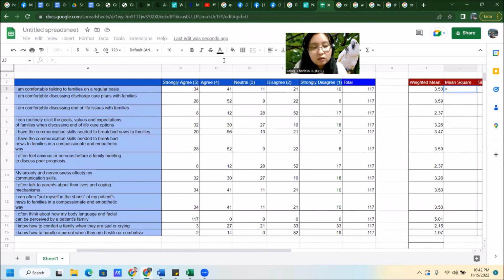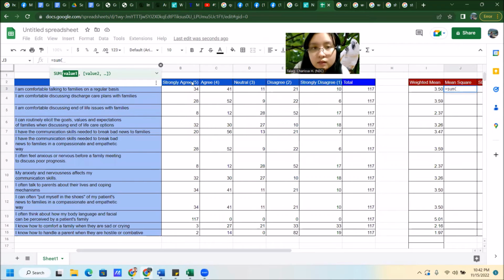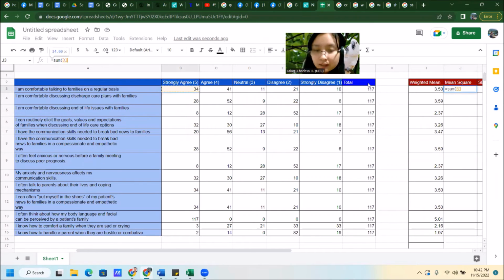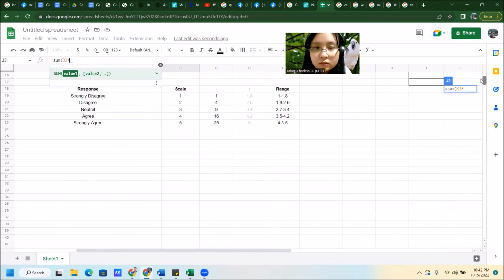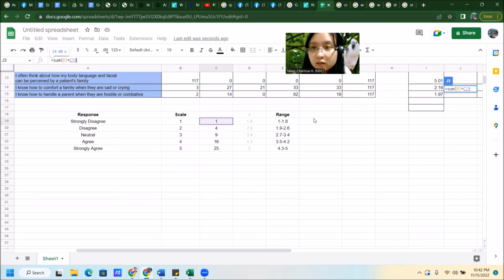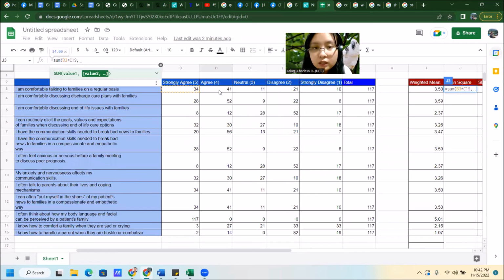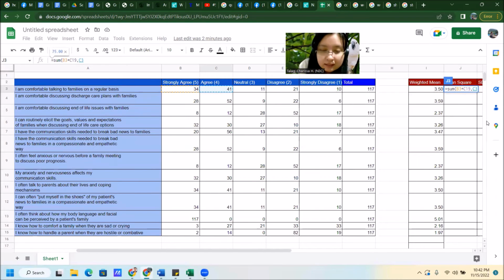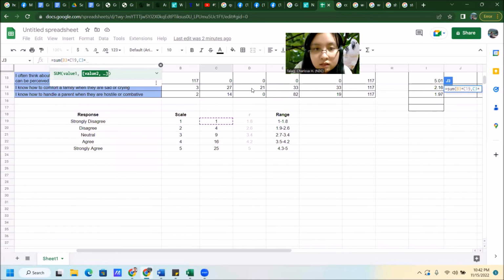So, equals sum 34 times 1 plus 41 times agree 4.